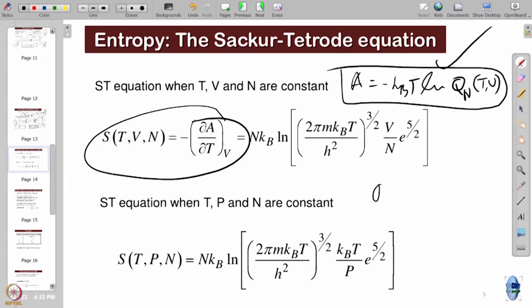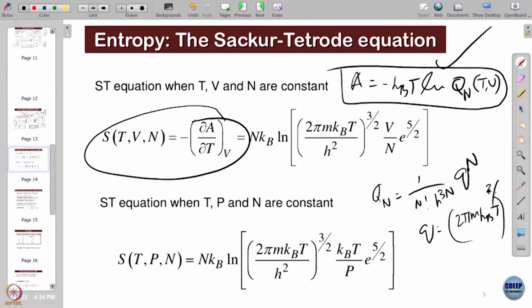I know Qn, because Qn is 1 over n factorial h to the power 3n, small q to the power n, and small q I know is (2 pi m kBT) to the power 3 by 2 times volume V. I know everything. So I know Qn, and small q is the single particle partition function, and then I know the free energy exactly, and I can now calculate the entropy. I can calculate an absolute value of the entropy.